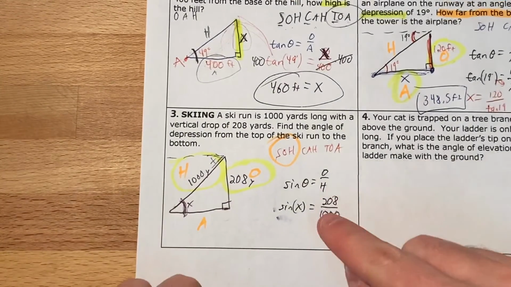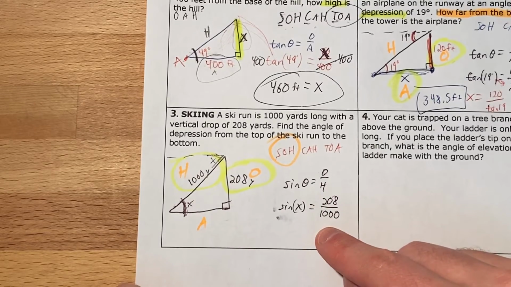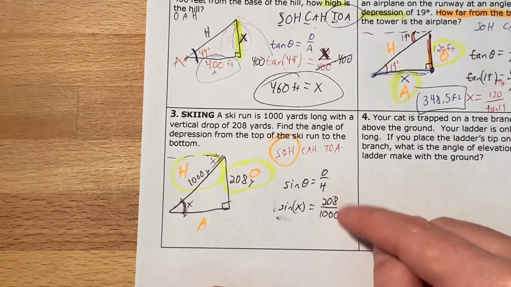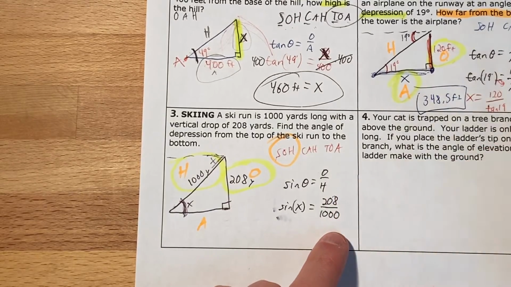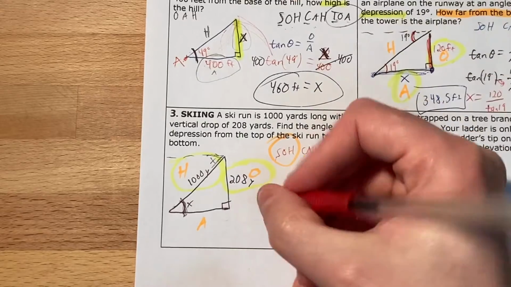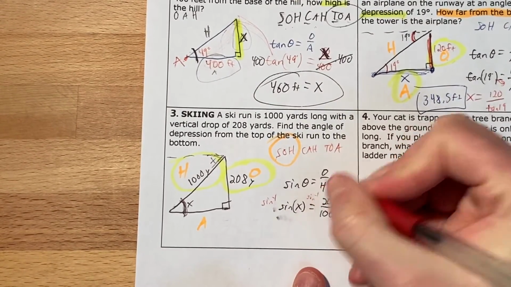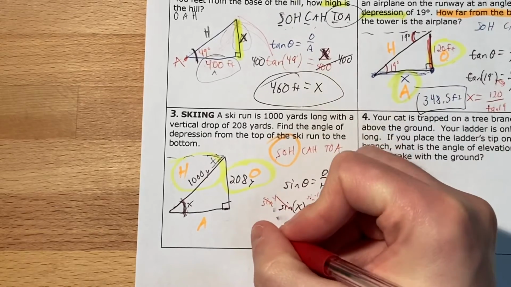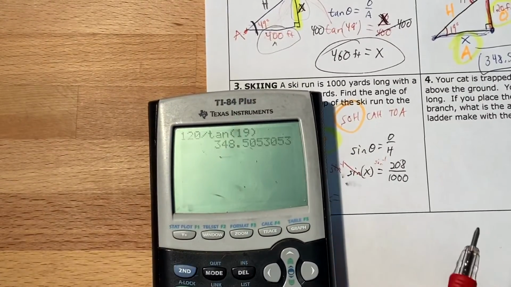So if x is up high, we multiply. That's not the case. If x is down low, you switch. Well, that's not the case. So in this one, you're not multiplying or switching. For this one, you're supposed to do the sine inverse. Whenever you solve for an angle, you do the sine inverse. So we're going to do the sine inverse.